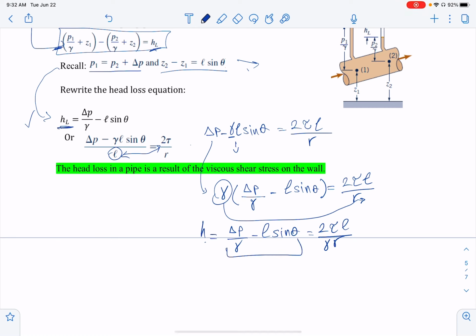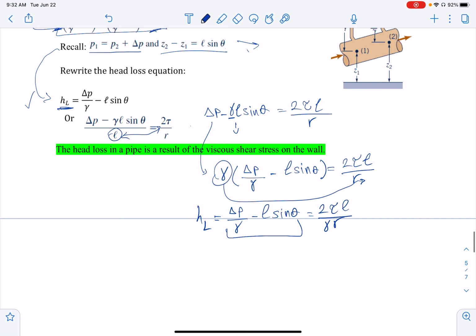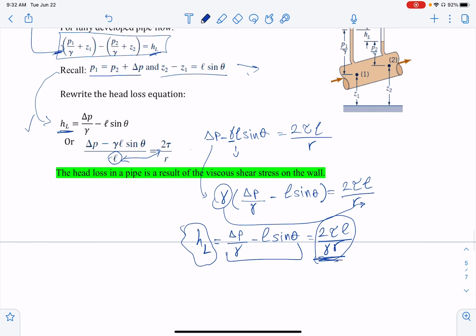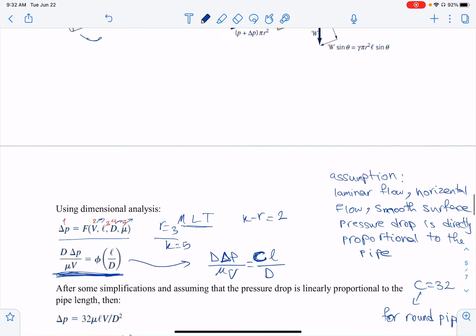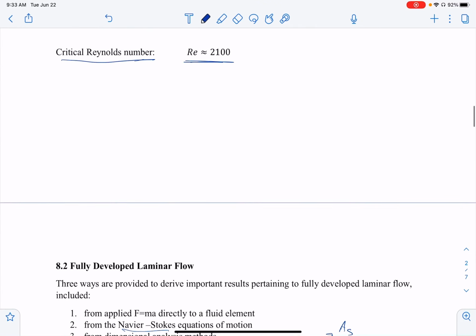So the head loss is a result of the viscous effect. We can just see it here. So this is how we can also show the head loss. See you in the next video.